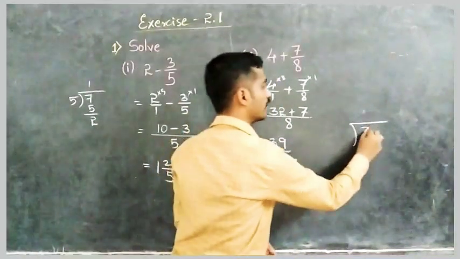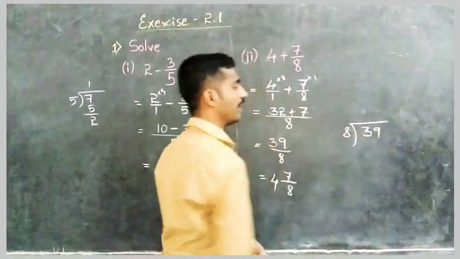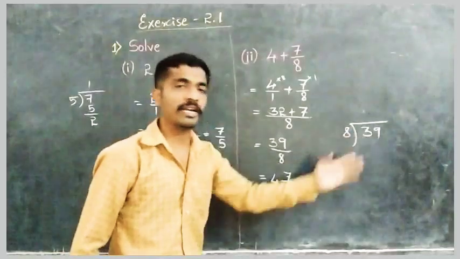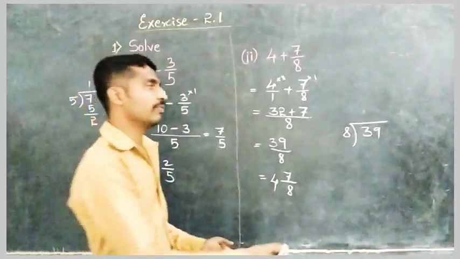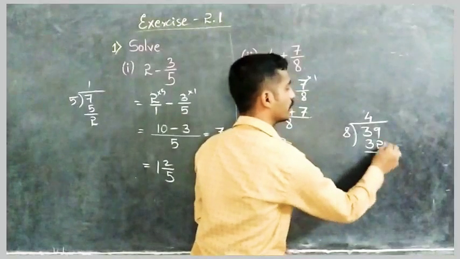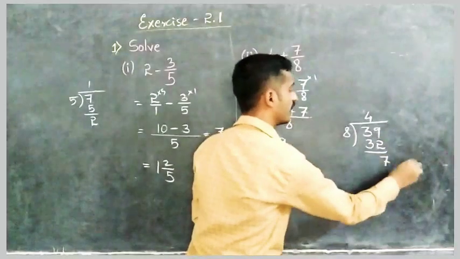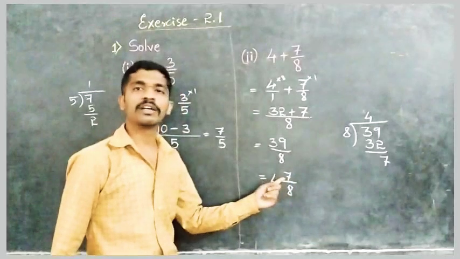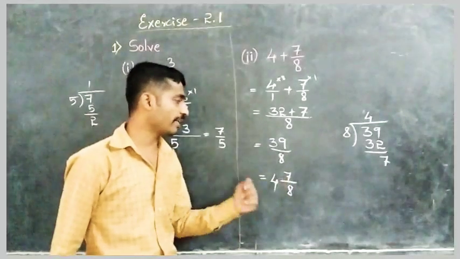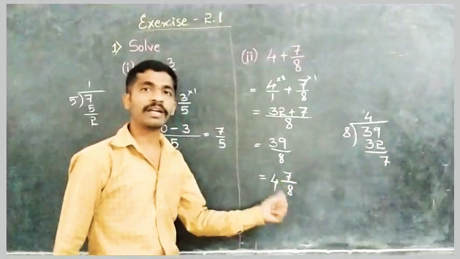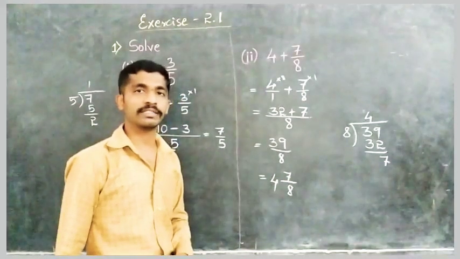Here 39 by 8. Okay, so in the 8 table, which is the nearest number to 39? 8 4s are 32. So if you subtract, you get remainder 7. Where to write the remainder? In the numerator. So 7 by 8 for what? 4 integer. 4 integer 7 by 8 is our answer.